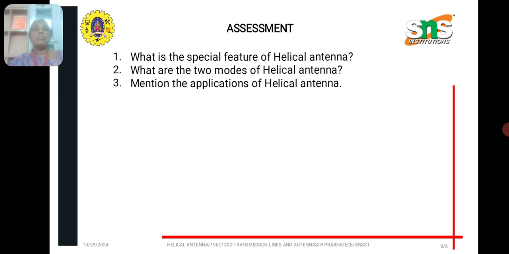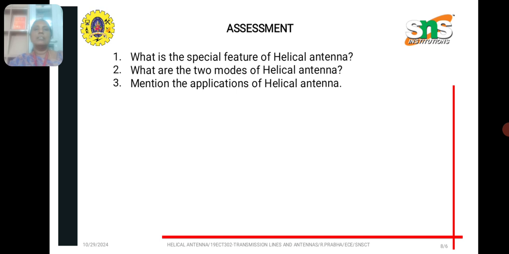As for applications of the helical antenna, we discussed that it is used in satellite communication and telemetry applications, and it provides high bandwidth and circularly polarized waves. The applications are in high frequency, very high frequency and ultra high frequency ranges.